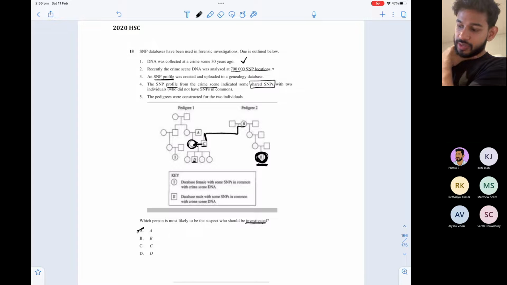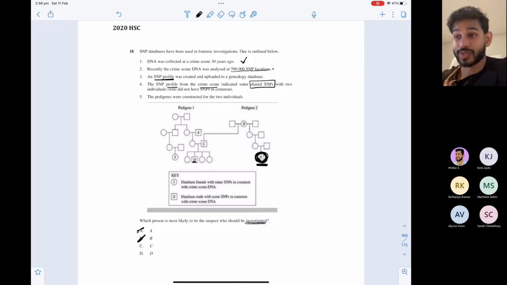This individual, if you track up, has common relations with person 1, right? But not individual B, whose child is individual C. So we can cancel B as well, and we're already 50% closer to the answer.